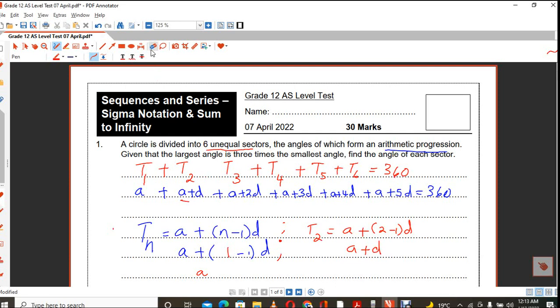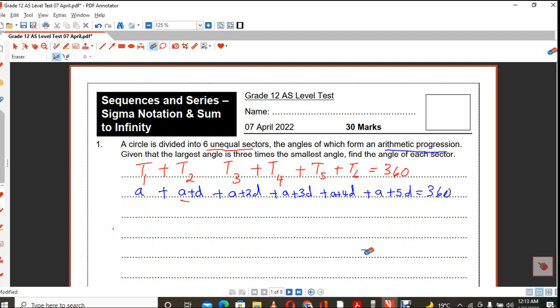Okay, so we can clean that up and create an equation. If you count all these A's together, you get 6 of them, so that's 6A.